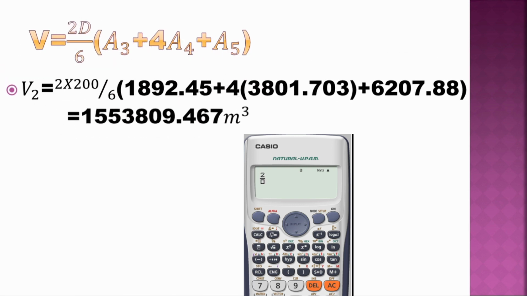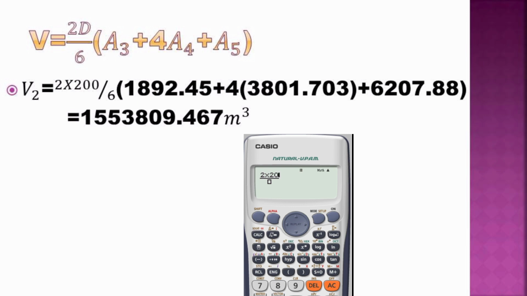I will go ahead and we do volume 2. That is 2 multiplied by the difference. I'm using a set of three areas. So in our last 3 areas, the difference between those 3, we had an interval of 200. So that is over 6 into brackets area 3 plus 4 area 4 plus the last area 5.